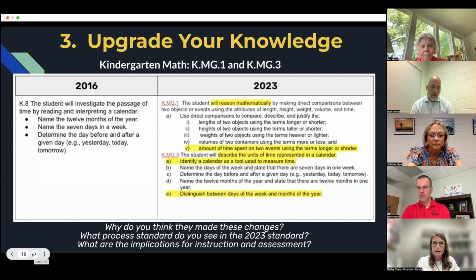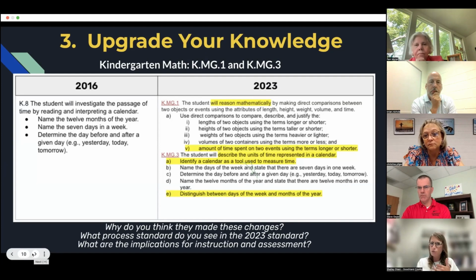So this is one example. We looked at some kindergarten, and I would actually say in our unpacking of the standards, it's a similar but slightly different approach to looking at the standards, and not just looking at the verbs and the changes in some of the words, but really asking ourselves, why do we think these changes were made? What process standards are we seeing embedded in the new standards?